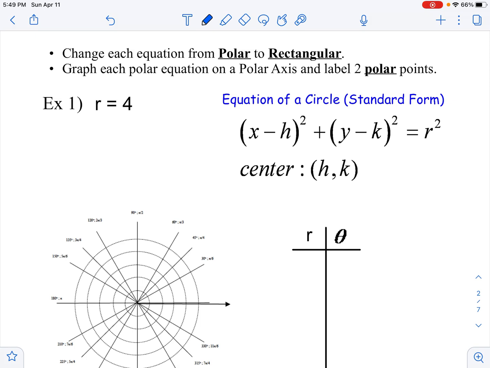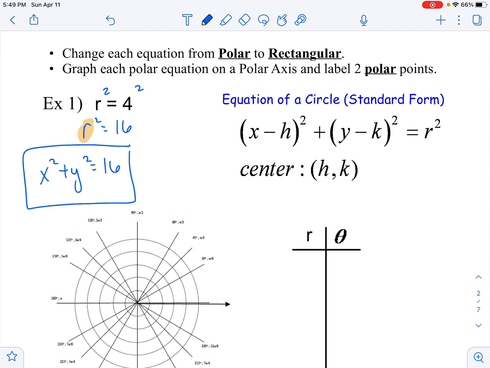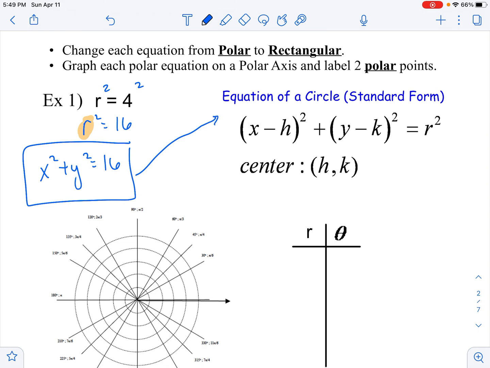So when we're changing this one from polar to rectangular, the easiest thing to do here is to square both sides. So now I've got r squared equals 16. I can go ahead and take that r squared and substitute in x squared plus y squared equals 16. This equation right here is in rectangular form. Okay, that is the equation of a circle.